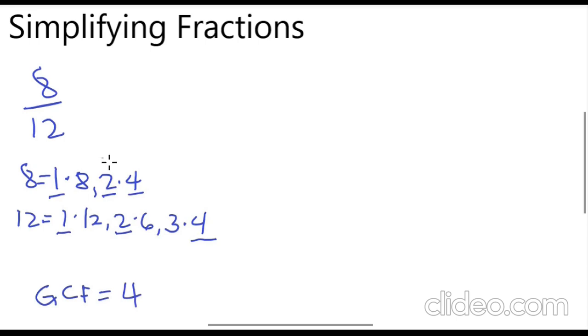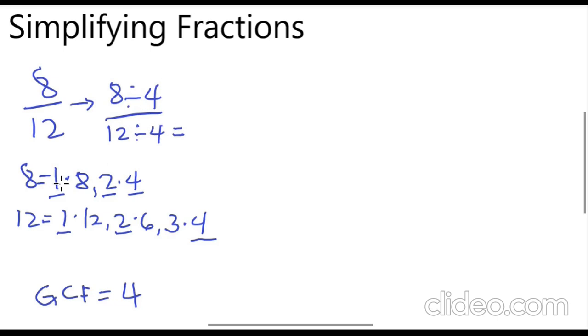And then, yun po yung ipapang divide natin for 8 and then kay 12. So, it will be 8 divided by 4 over 12 divided by 4. Yan, pasensya na pong hindi masyadong pantay.